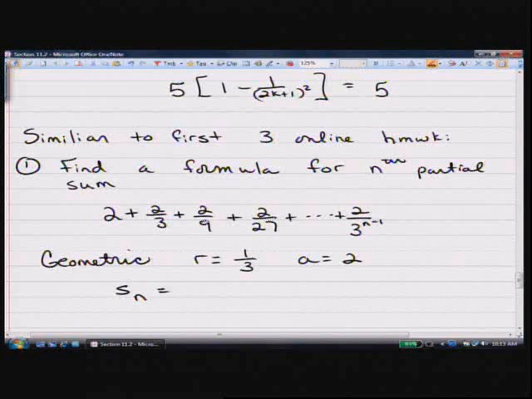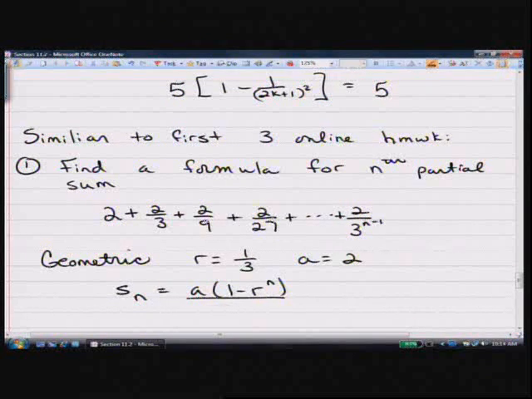Oh, I'm looking at the wrong thing, sorry. Okay, and so it looks like we can say, in general, S sub n is, remember, a times 1 minus r to the n over 1 minus r. So wherever you are for n, that's your general term.